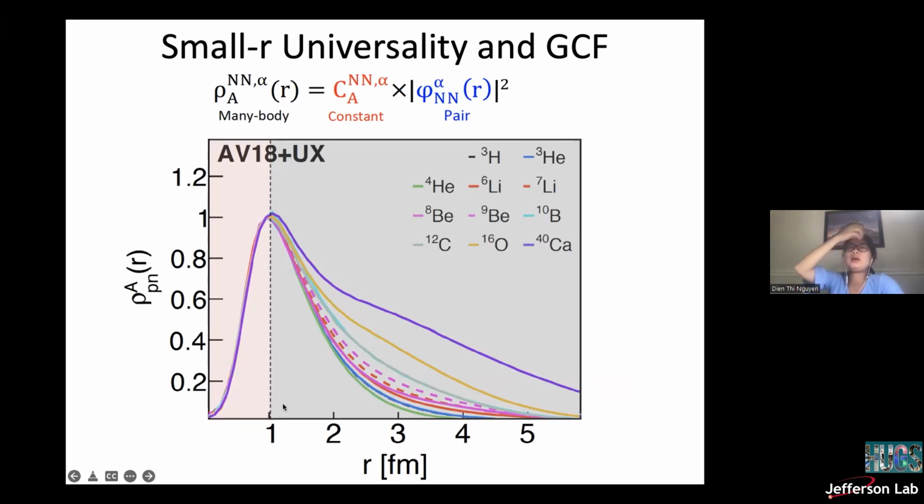The behavior you can see from this picture is that with a given NN interaction, here AV18, at short distance they have a universal behavior. Of course they have a very big difference at large distance, but at short distance, different nuclei follow the same pattern. That is where we can use the universal behavior to extract the contact term, the C here.